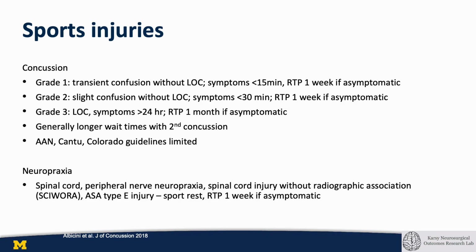I like this old classification system from the AAN discussing grade 1, 2, and 3, because it basically starts to think about concussion on a scale, a grade of severity. Patients coming in with very mild issues, they really recovered right after the concussion occurred. They probably can return to their activities or return to play very quickly.